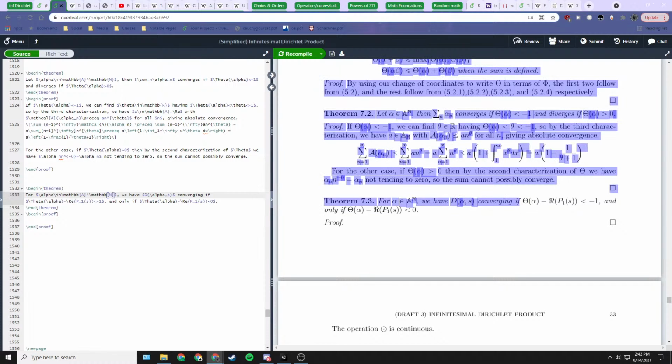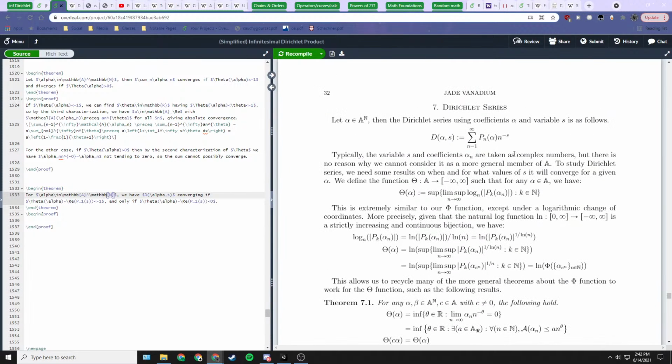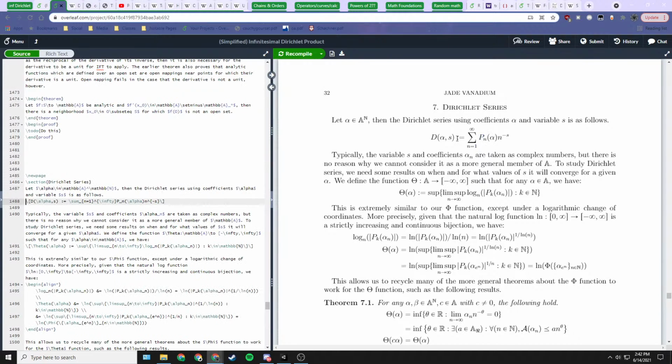In order to do this, a really easy way to prove this would be to figure out what the theta value of this is. This shouldn't be p sub n anymore. This should just be alpha sub n, since we've sort of gotten more advanced.